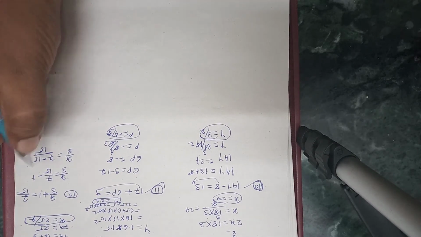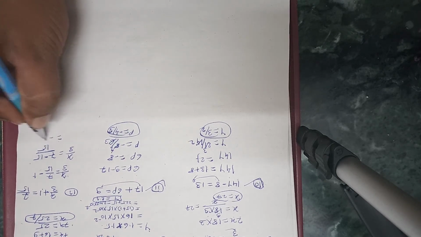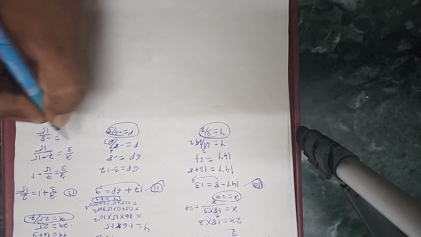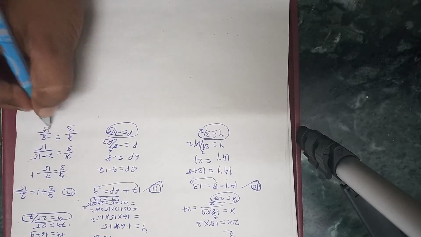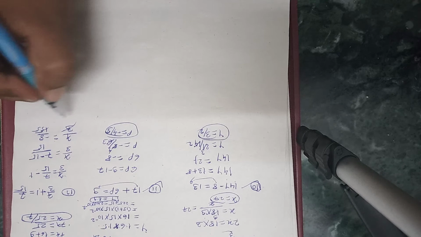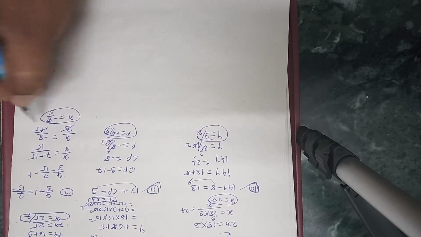So now the value will be 7 minus 15, that will be minus 8 by 15, x divided by 3. 3 fives are 15, so 5 will be here, 3 will be gone. So x is equal to minus 8 by 5.